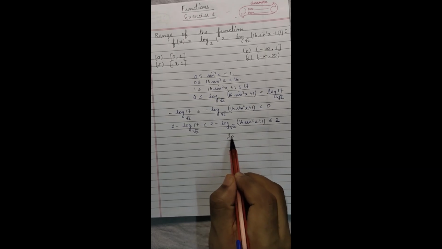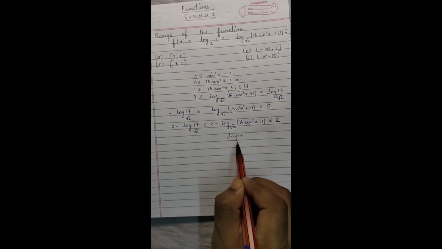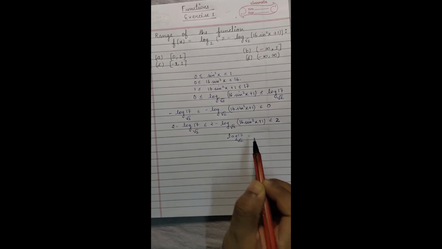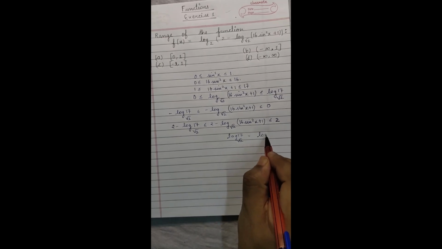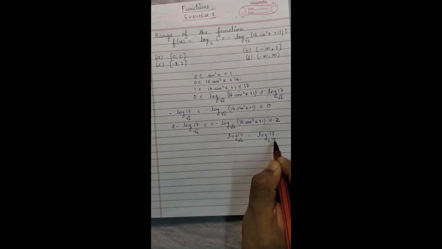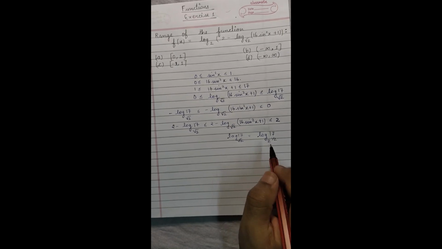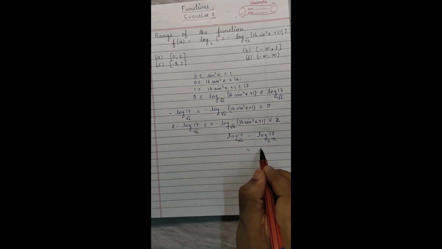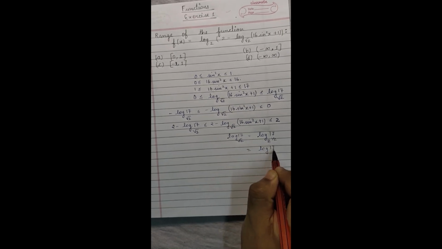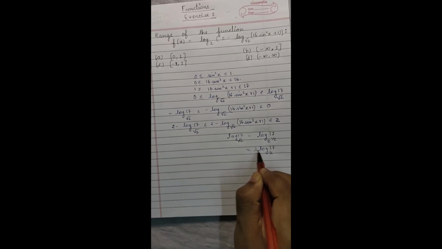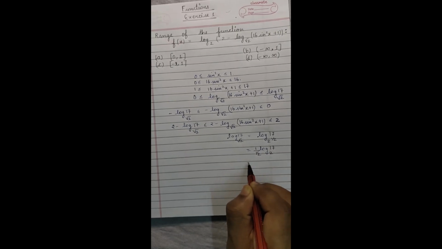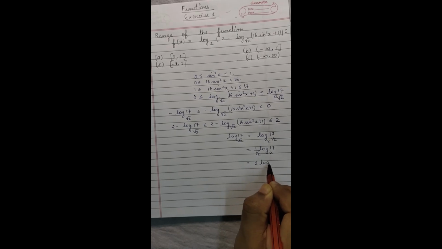Log 17 to the base root 2 can be written as log 17 to the base 2 to the power 1 by 2. Now this power on the head of 2 comes in the denominator, so it becomes log 17 to the base 2 upon 1 by 2. So this becomes 2 log 17 to the base 2.